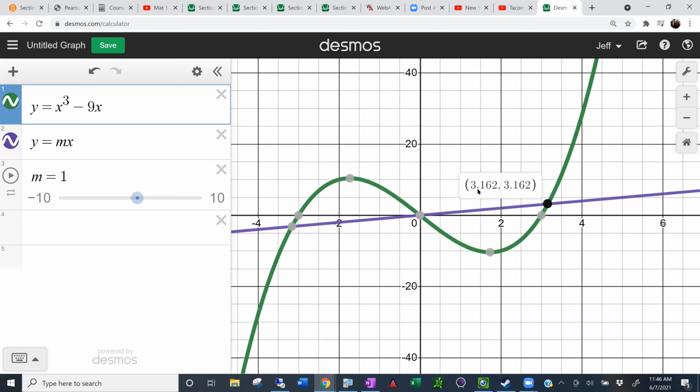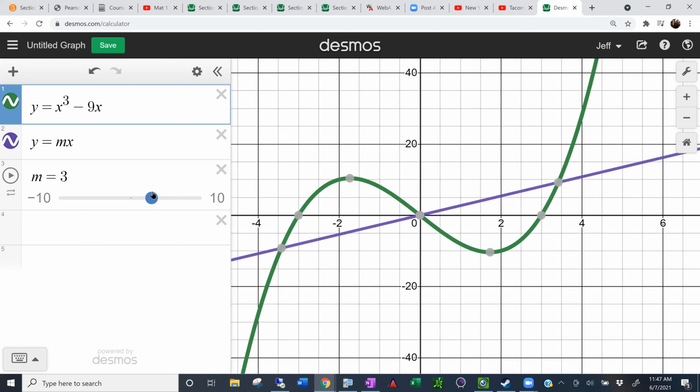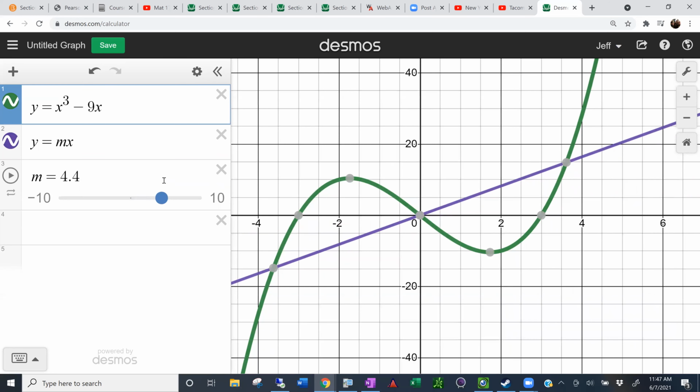So I've got a point here at 3.162 and 3.162. I got another point at the same but opposite side on the other side of the origin. So no matter where I rotate this, that same kind of phenomenon is going to happen.